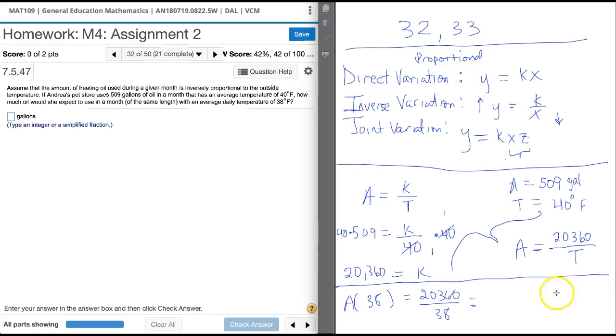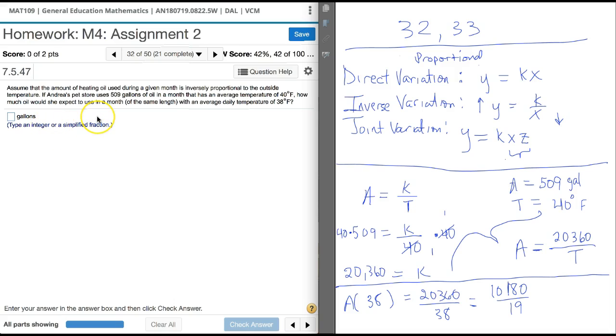Okay. So fraction wise, if I just divide the numerator and denominator by 2, I end up getting 10,180 divided by 19. Okay. And so the only reason why I'm considering this is because it says type an integer or a simplified fraction.